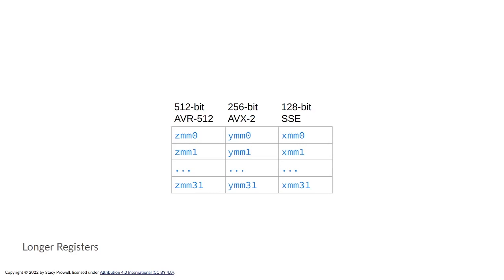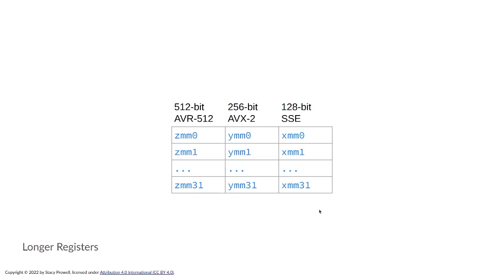The 512-bit AVX registers are ZMM0, 1 up through ZMM31. We have 32 512-bit registers. The first 256 bits of each can be referenced with YMM0 through YMM31, and the low 128 bits of that can be referenced with XMM0 through XMM31.